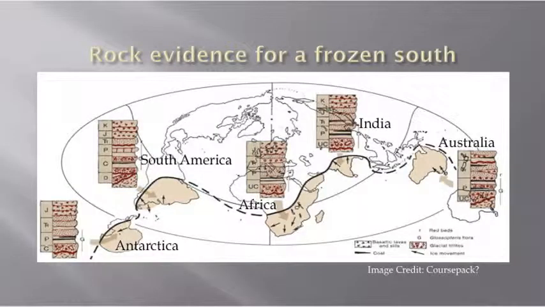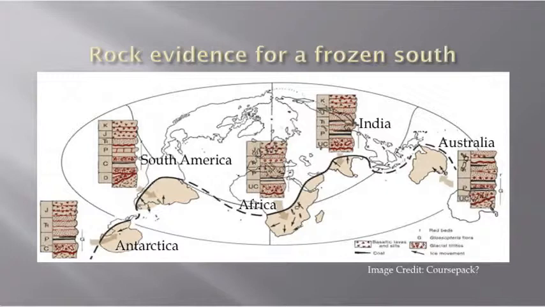But what I really want to draw your attention to is that if all these continents were covered in ice in this shaded area in their present position, the Earth would be a giant snowball covered in ice. But if we look at rocks from the same age in the northern hemisphere, we see evidence of warm, lush climate.